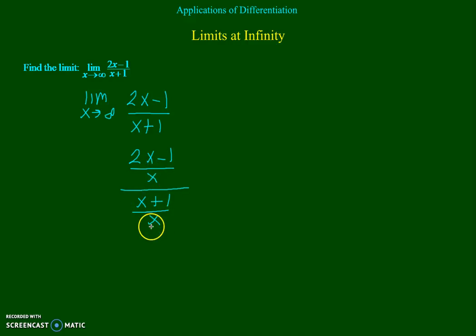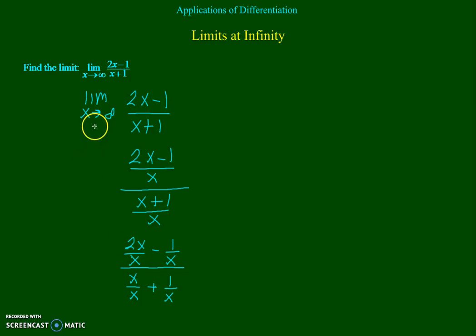Since I'm dividing by x, or multiplying by x over x, this has no effect from a value standpoint. It just changes the form of the equation. So now, if I want to rewrite this, it's 2x over x, because it's a monomial, minus 1 over x, all over x over x plus 1 over x.